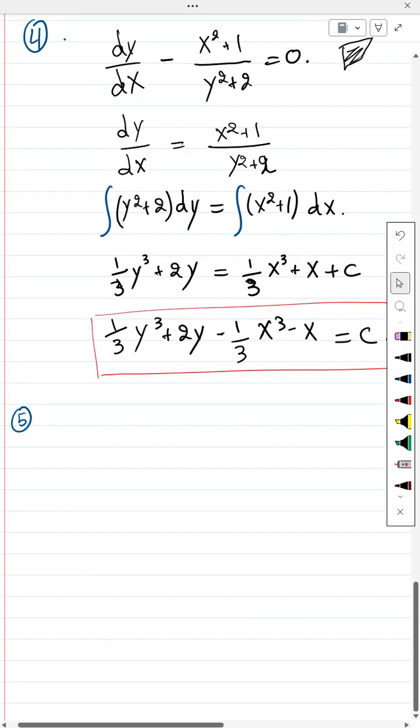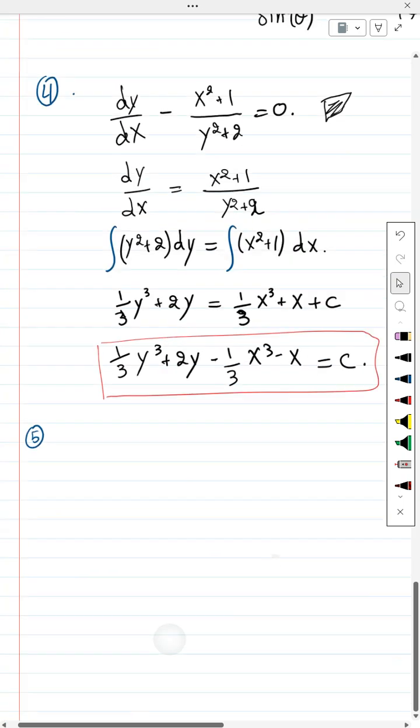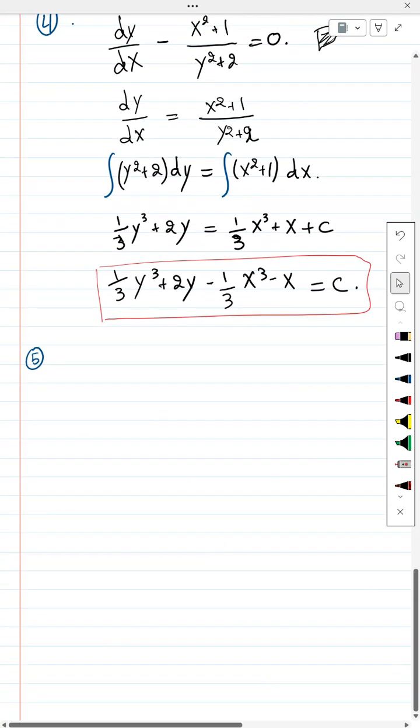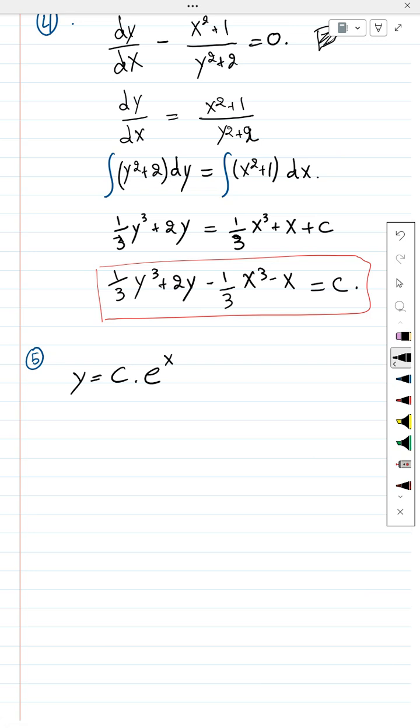We can see another example. Let's see that y is equal to c exponential x. This is our equation. Let's try to separate all of these. I'm gonna give you two methods, and one of them is better than the other one.